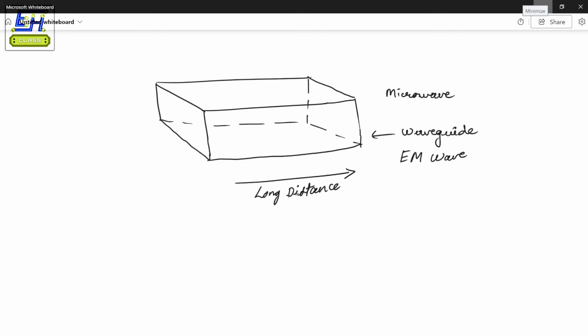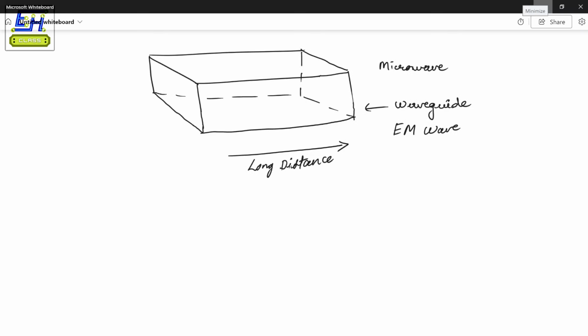And to take this discussion further, you shouldn't be surprised to know that electrical energy doesn't need any physical connection to flow, right? There are many examples of this. Something as simple as a transformer. You know that we have a primary, we have a secondary on the other side, and energy simply flows through magnetic coupling.